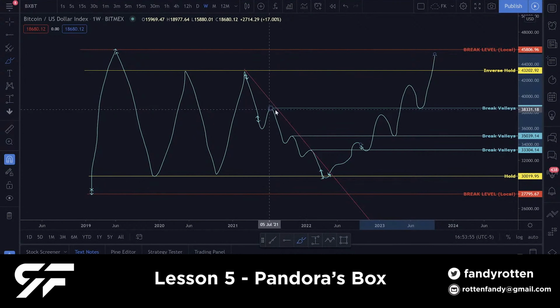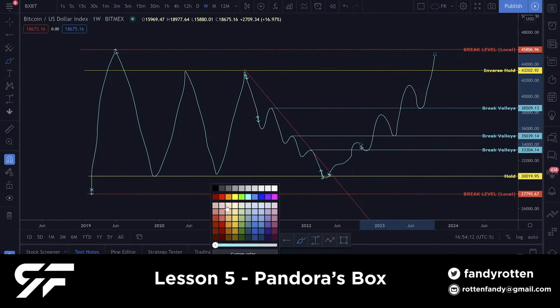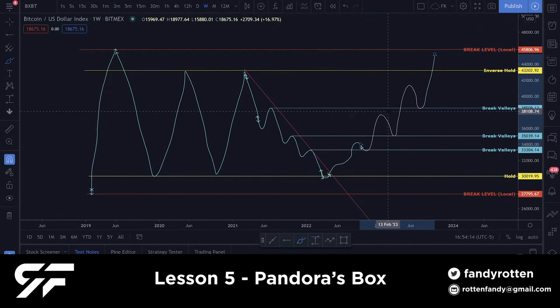If it is going to use these valleys as hold levels, in Blueprint we refer to them as backside holds, because the front side holds will be in the current part of the move. In this case, it will be in this part of the move.